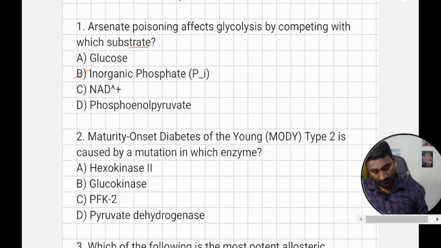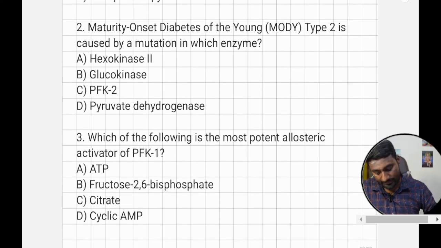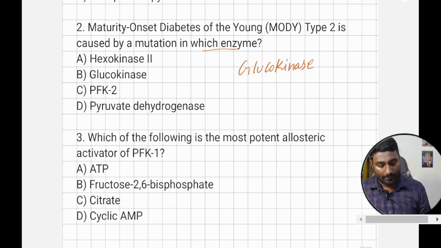Got it? Okay. Now, maturity onset diabetes of the young type 2 is caused by a mutation of which enzyme? Okay. Now, what is the enzyme which acts as the glucose sensor? Yes, it is your glucokinase. So glucokinase usually will act at more than 130 milligram per deciliter.